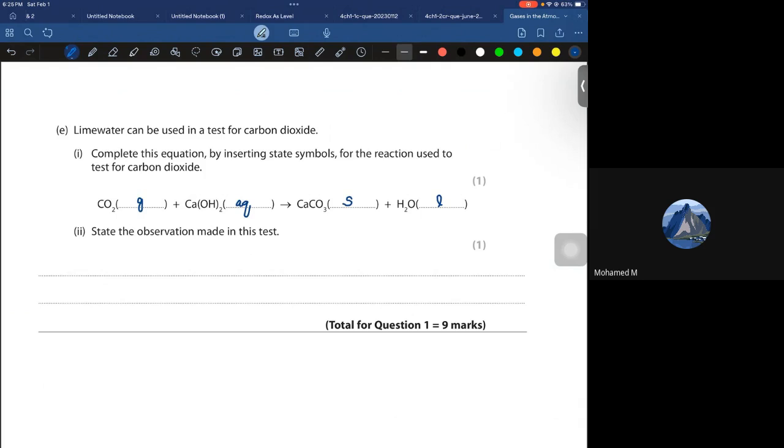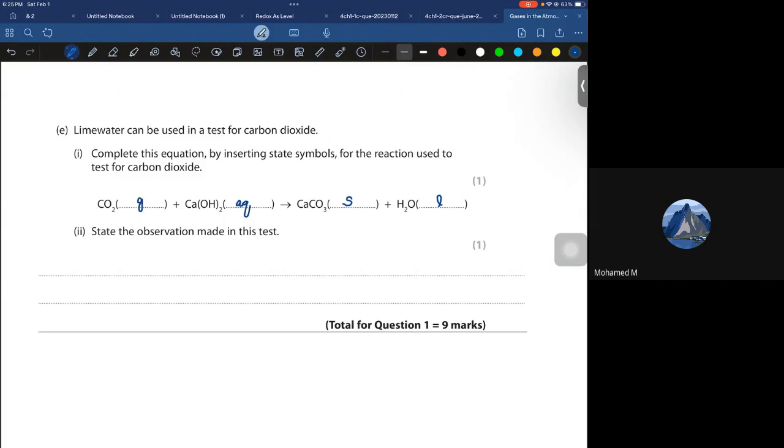You have added lime water to check carbon dioxide. If the carbon dioxide is present, what would you see in your beaker or in your test tube? Can you repeat that, sir? Sorry, I couldn't hear you well.